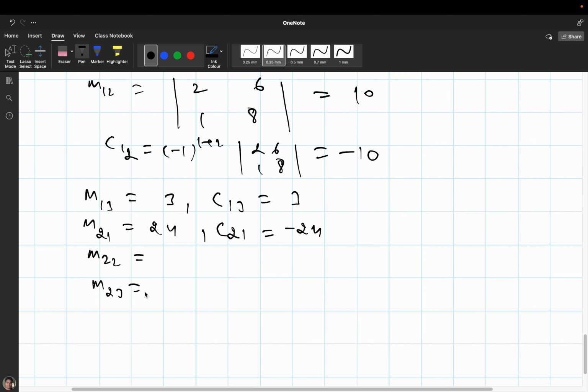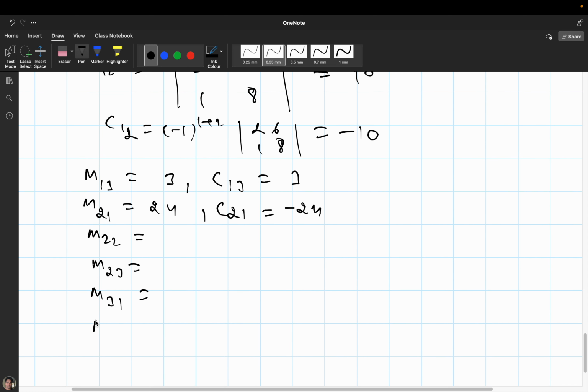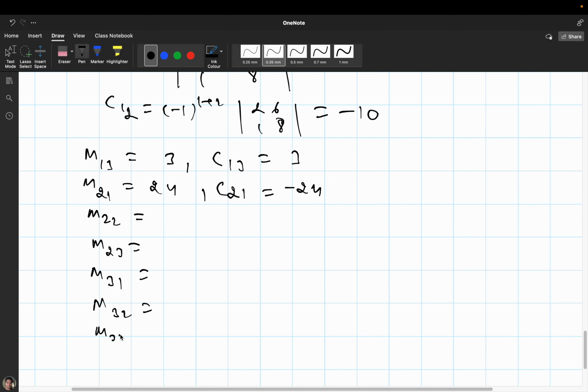Tell me M22, M23, M31, M32, M33. The summation of these two indices is an even number, so that's why it is 20.